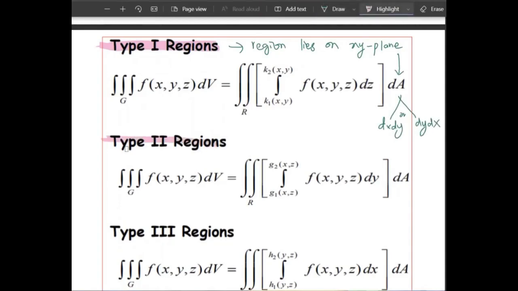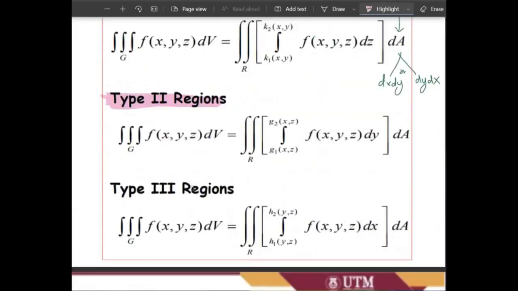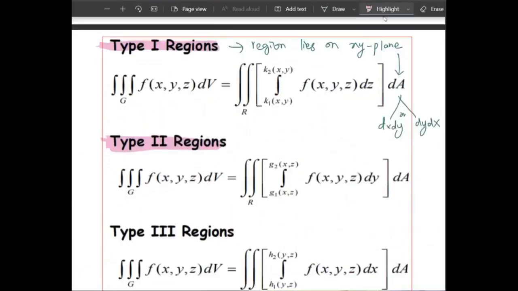If we choose type 2, integrating over the xz plane, meaning that the region lies on the xz plane. So what is the limit of integration? Here, the region lies on the xz plane, and dA can be dx dz or dz dx.